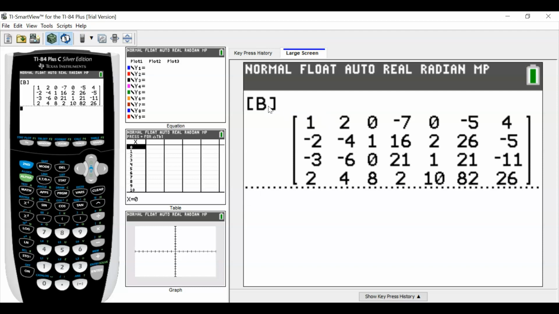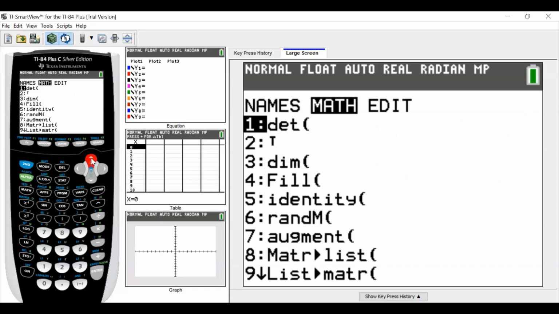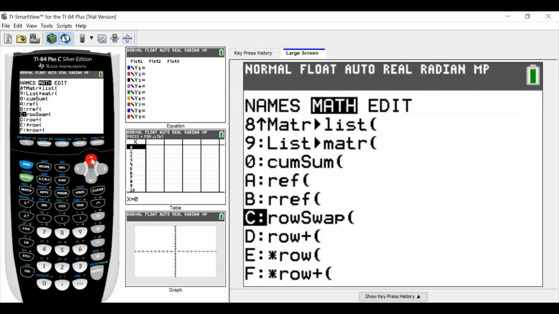Basically, I have my matrix A. For some reason, I typed it into matrix B last time. So there it is. And we'd go and put that in row reduced echelon form.